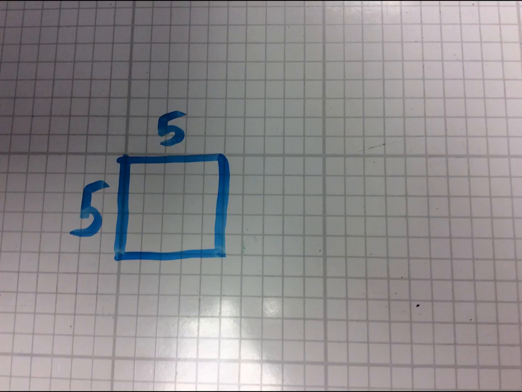All right, let's look at a pretty simple example. We have a square that's 5 by 5, and let's find the area and the perimeter of it. All right, so we have the area of 25 units squared and the perimeter of 20 units. Now we're going to enlarge it by a scale factor.